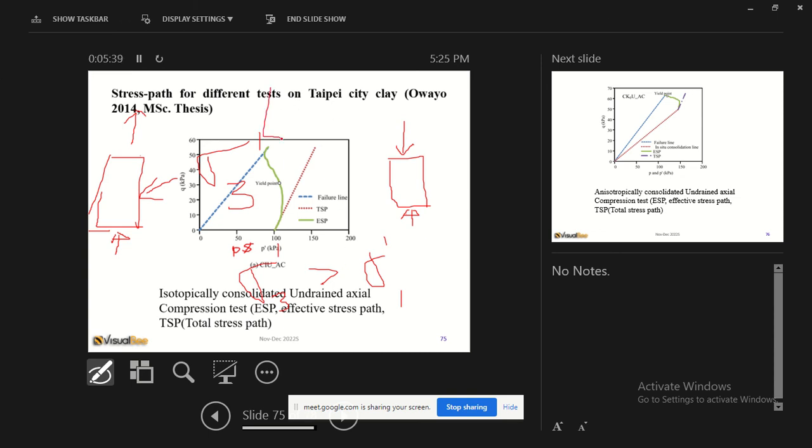Actually, we even have another one called lateral extension, where the sample increases. It's the same as axial compression in a way, where the sample increases in this direction.